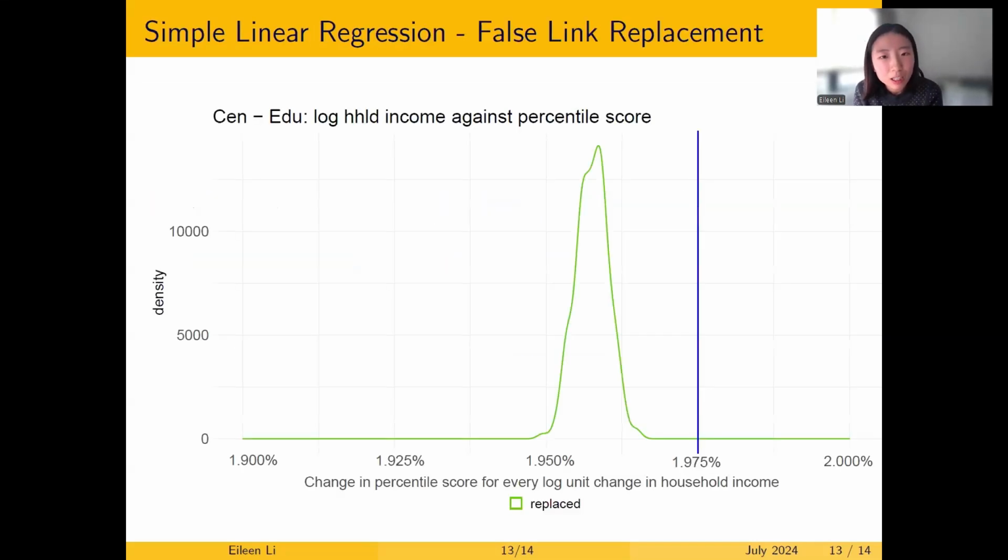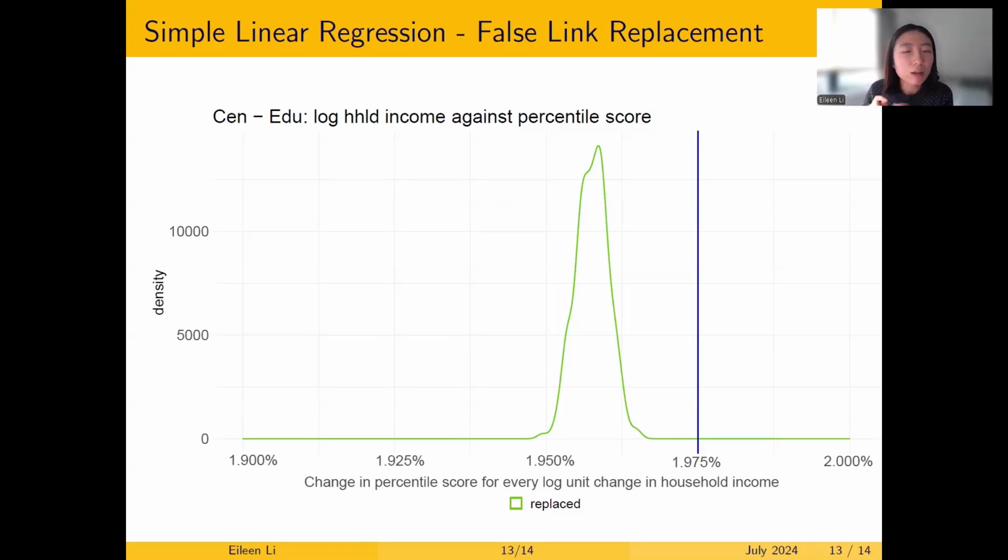So this green curve indicates the 200 beta 1 coefficients, and this blue vertical line represents the naive beta 1 estimate, assuming the data is linked perfectly. What this plot tells me is that there's no overlap between my naive estimate and the distribution of my 200 replaced results.